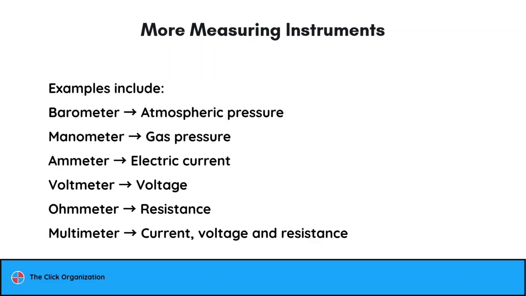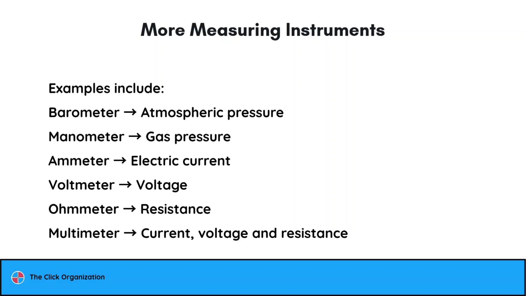Well, many scientific instruments are designed to measure some very specific physical quantities, and we have more of those measuring instruments in here. For example, a barometer measures atmospheric pressure. A manometer measures the pressure of gases inside a closed container, which we call gas pressure.